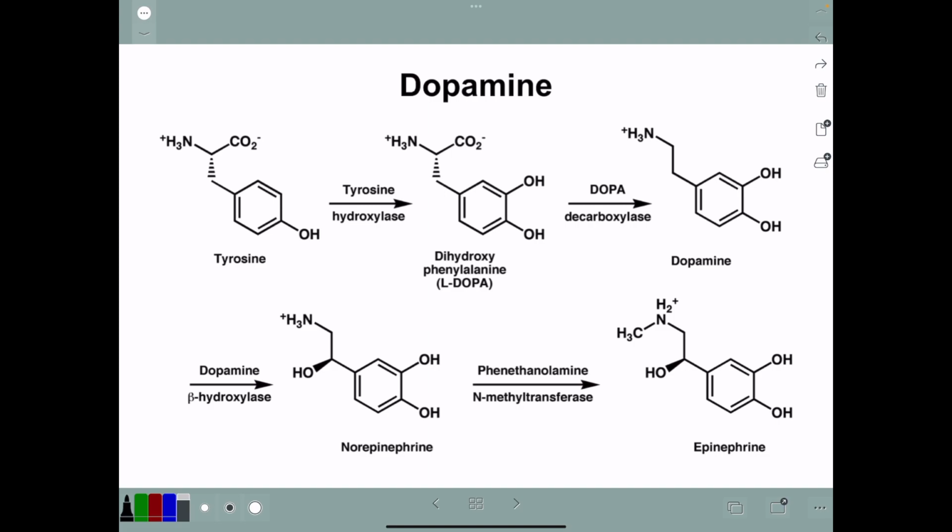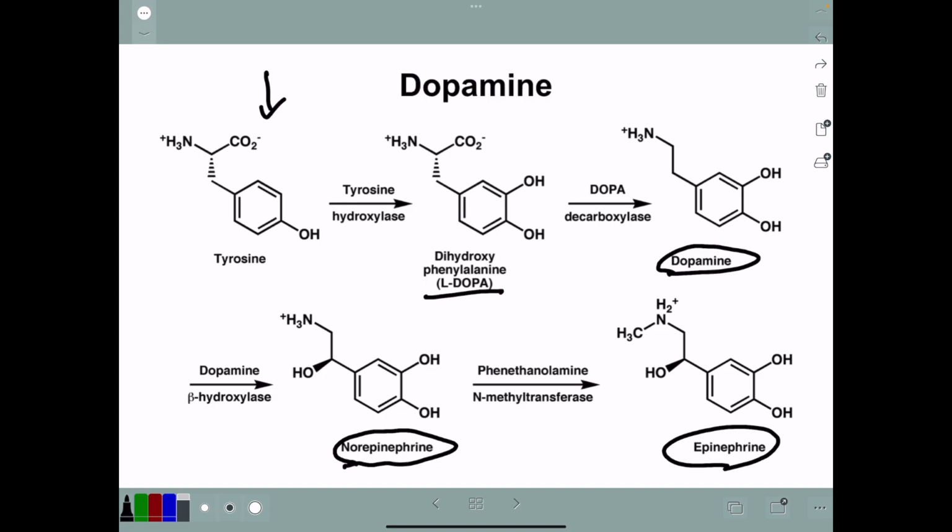But first, let me just show you this real quick. This is the simplified chemical pathway for making all of the catecholamines. In fact, not just dopamine. And so starting with tyrosine, our non-essential amino acid, creates something called L-DOPA. This is the precursor for dopamine, our neuromodulator of interest now. But from dopamine, you can go on to make norepinephrine and epinephrine. And remember, all of these three combined are the catecholamines: dopamine, norepinephrine, and epinephrine.